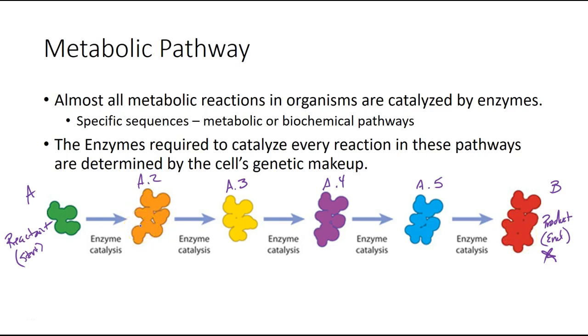So this would be enzyme 1, enzyme 2, enzyme 3, enzyme 4, and enzyme 5. At every step, the product that is produced changes slightly. Every one of these conformations, or three-dimensional shapes, is altered in a slight way.